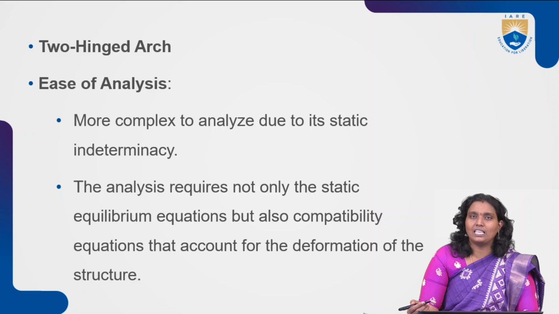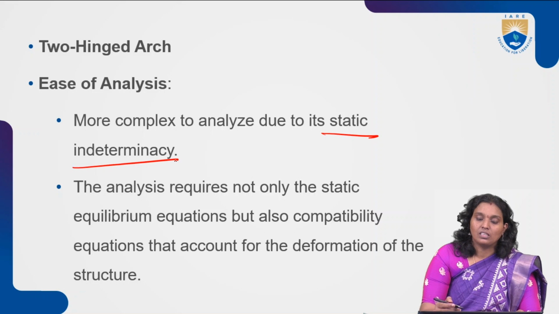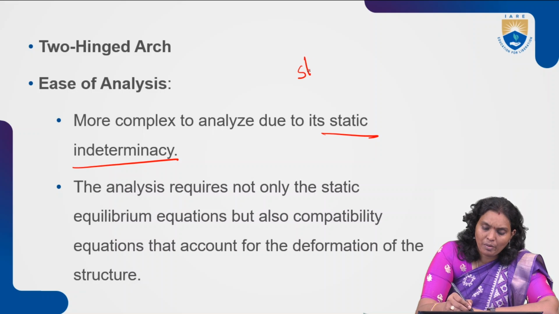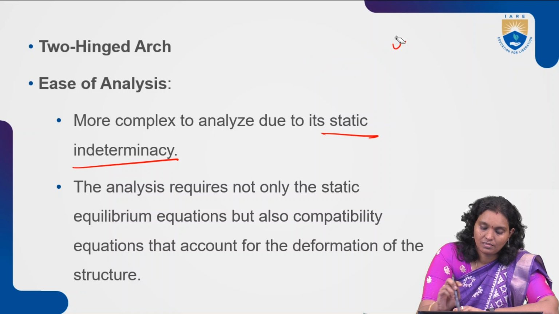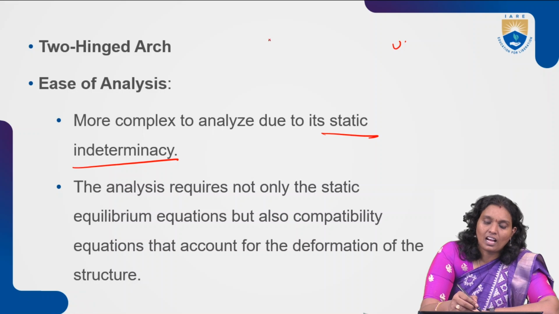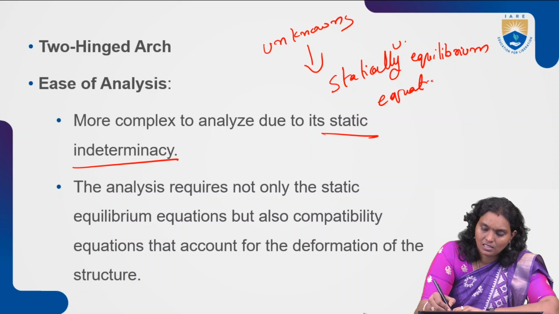In two-hinged arches, the analysis is more complex due to static indeterminacy, because the static equilibrium equations are not enough for finding the unknowns present in two-hinged arches. For getting the unknowns, we require static equilibrium equations plus a compatibility equation.